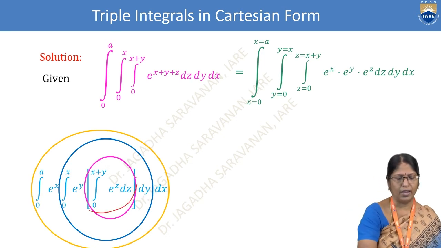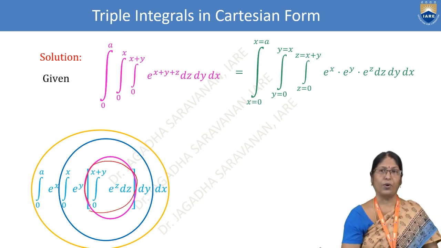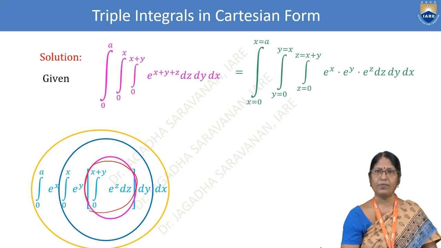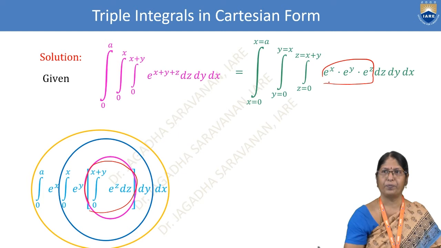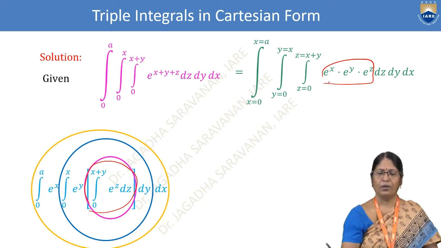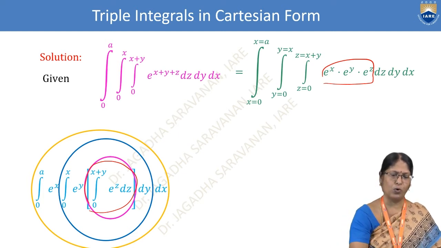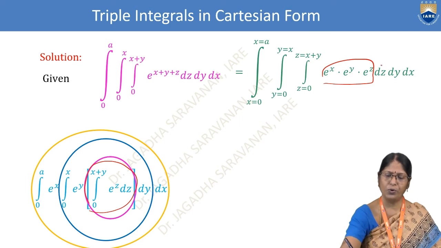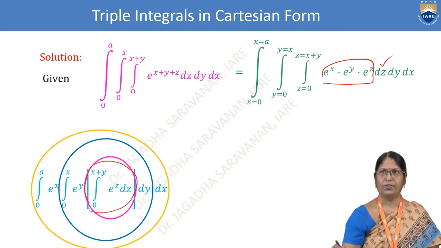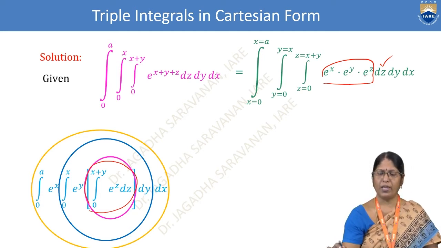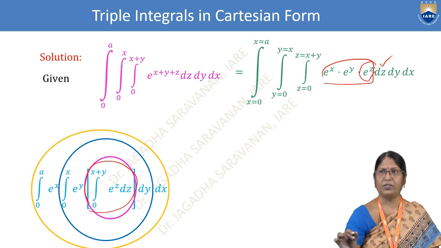Now we are going to concentrate on this innermost integral. This is the complete function. For the innermost, we are going to integrate with respect to z. The term related to z is e power z.